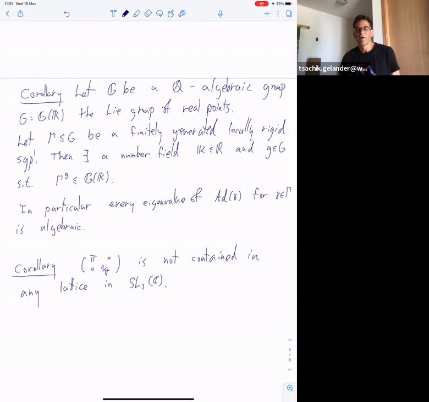So in the right normalization, in every three-dimensional hyperbolic manifold, if you measure every closed geodesic, the length of that geodesic is algebraic.